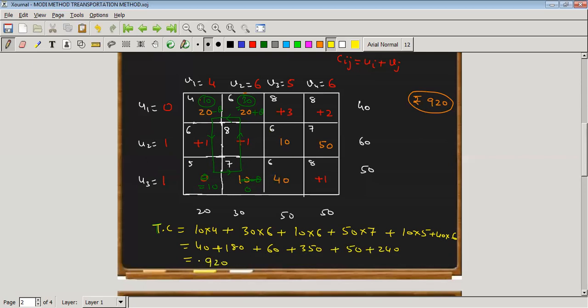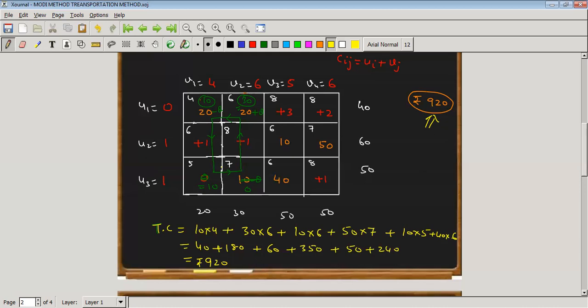So now the transportation cost remains the same. Previously it was 920, now again it is 920, but the allocation points are different. We get an alternate optimal assignment, but the cost remains the same. So in this method, what we observe is that this is the best method as compared to the stepping stone method.